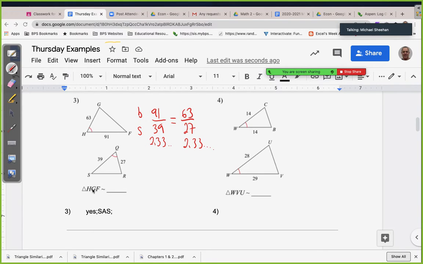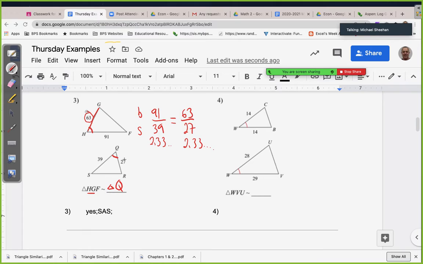They start with angle H. Well, angle H is this angle. And in my other triangle, angle Q is the same as H. So I want to write Q first. And now let's look at H to G. H to G is the smallest side in the triangle.